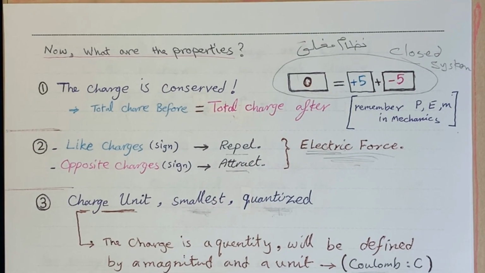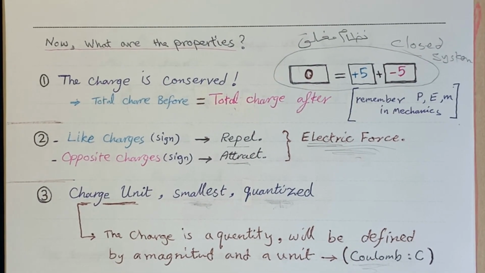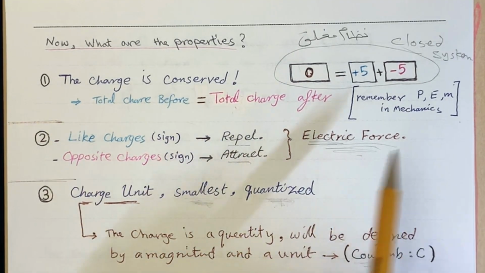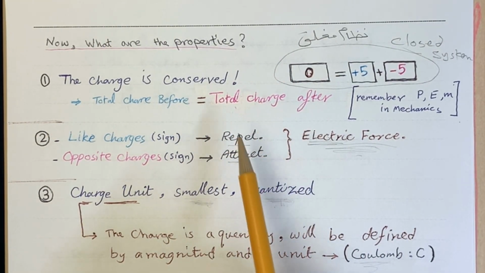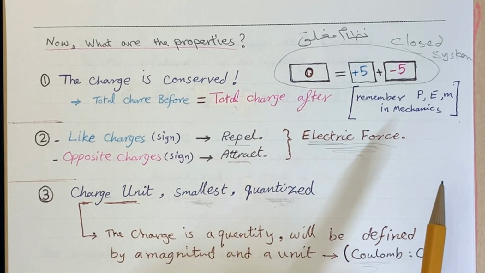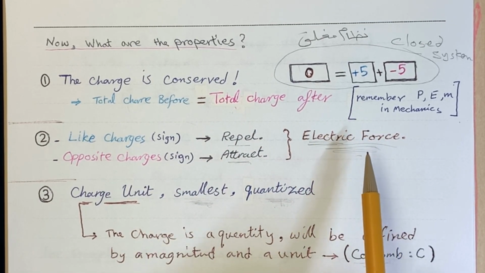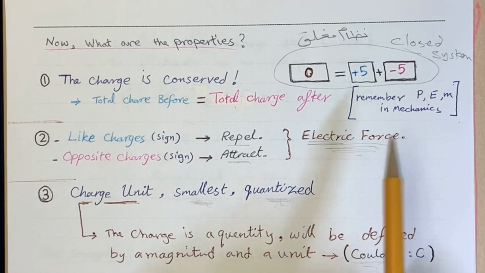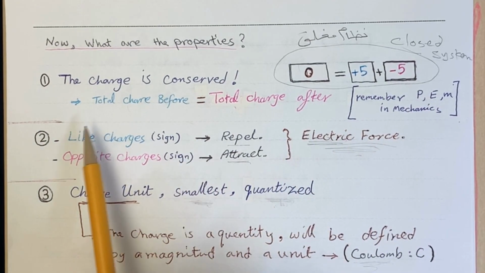Now we need to focus on the properties of the charge. We have an important law in physics or in nature in general, which is the conservation of things. Conservation of momentum, energy, mass, and so on. We have also the conservation of the charge.